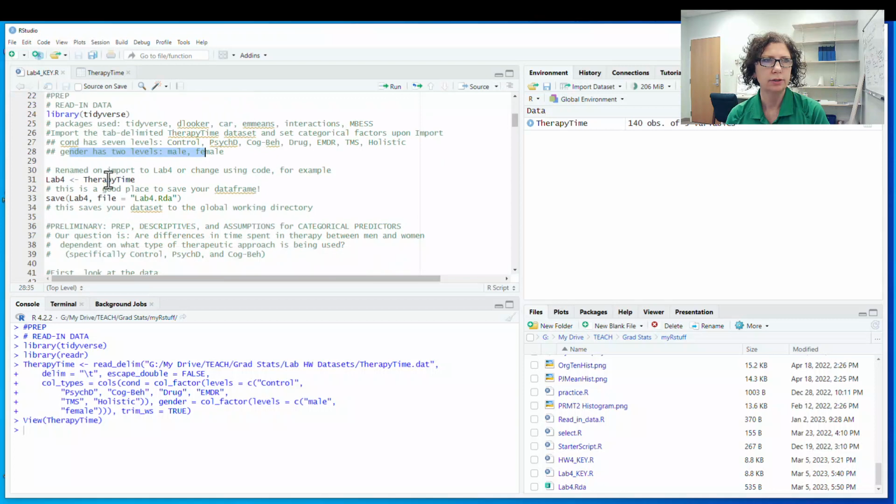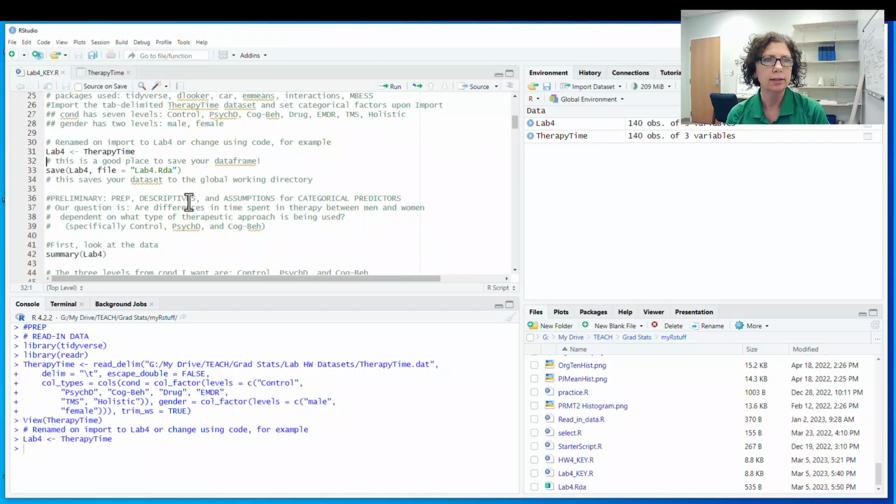I also tend to rename my data sets so I don't have to type them out so far. So if I forgot to do it during import, I can just write code and rename it so that I have Lab 4 smaller than TherapyTime. And this is a good place where you can save your data frame.